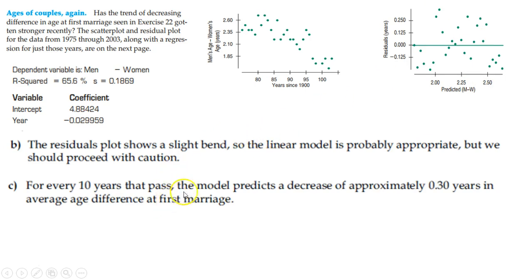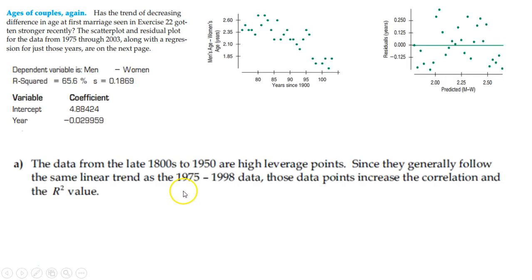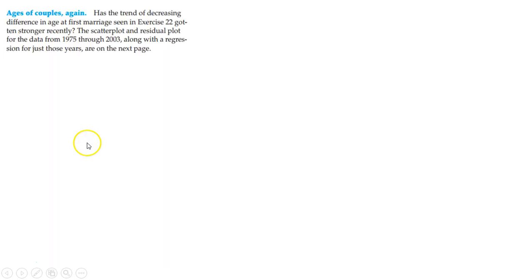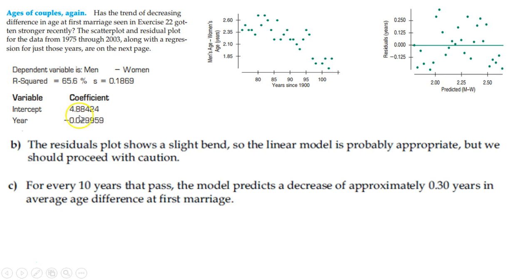And what does the slope say about marriage? What we were arguing before was that this is dealing with the slope. So as the years go by, negative 0.03, so it goes down. As a year goes by, it goes down roughly 0.03 years, which is like, wow, what's that?